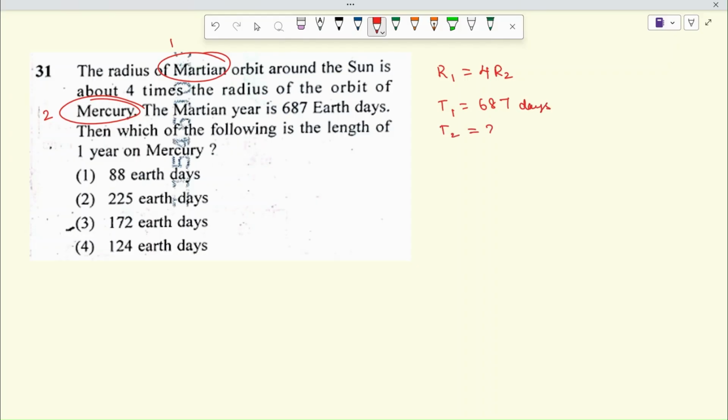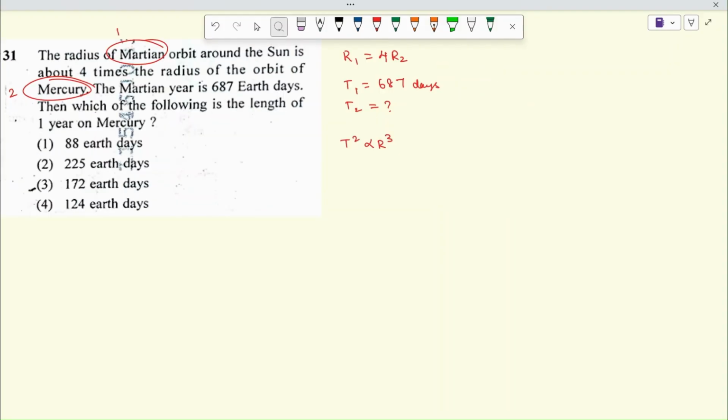You know Kepler's third law, T square proportional to R cube. So T2 by T1 is equal to R2 by R1 power 3 by 2.